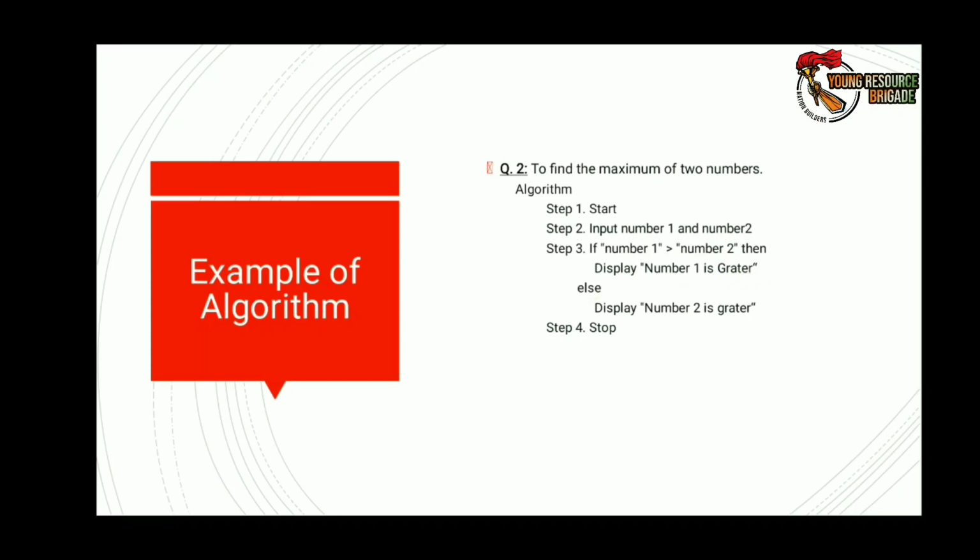Else, whenever this condition is false, then execute the else part. It means display number 2 is greater. When this condition is false, the else part will display. And when this condition is true, number 1 is greater than number 2, then we display this part. After the procedure completion, we stop our algorithm.